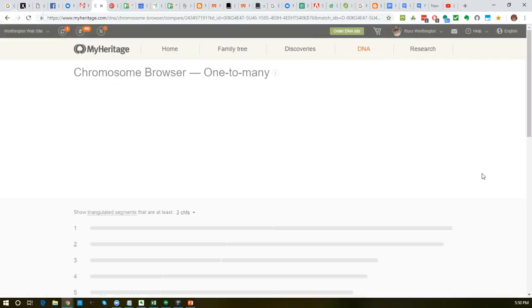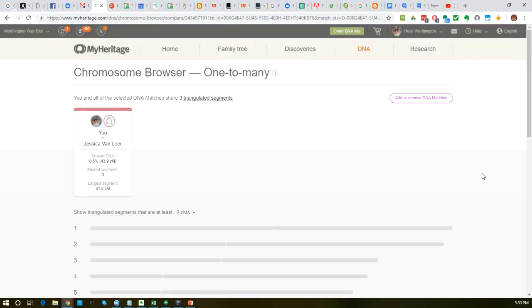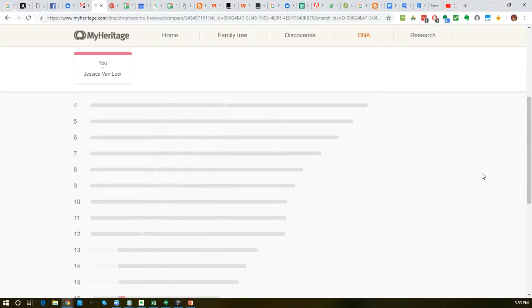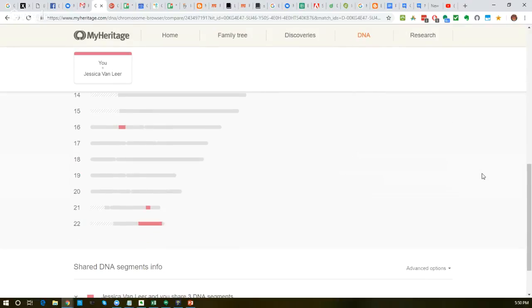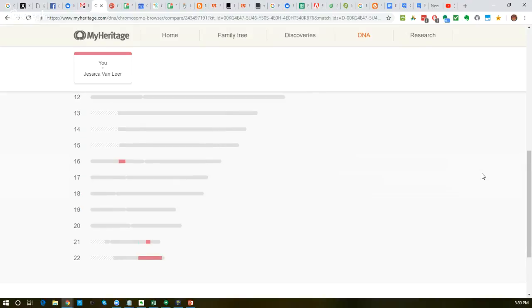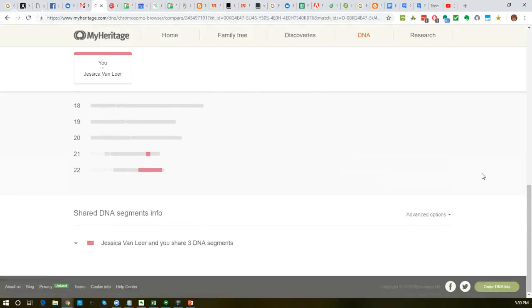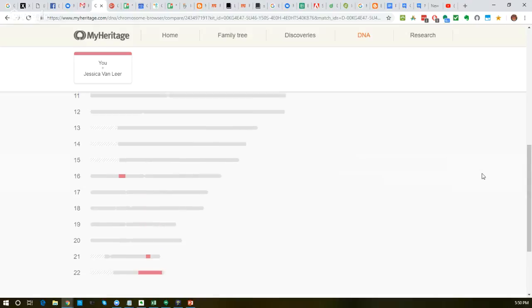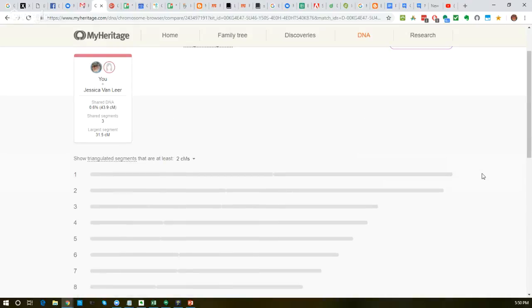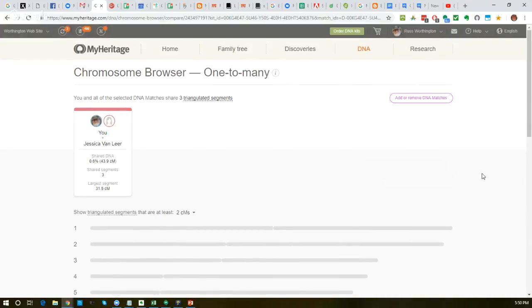So if I compare the two of us, there are two very small segments, on chromosomes 16, 21, and 22, where we match. Now, I don't know enough about this to know what that means. It's not helping me find out where our connection is.